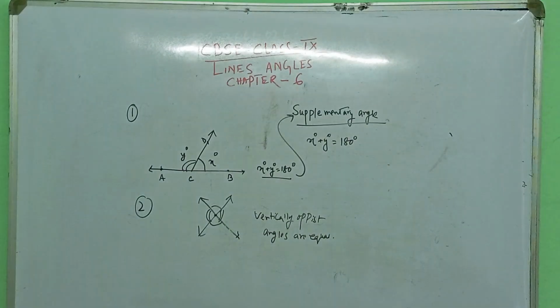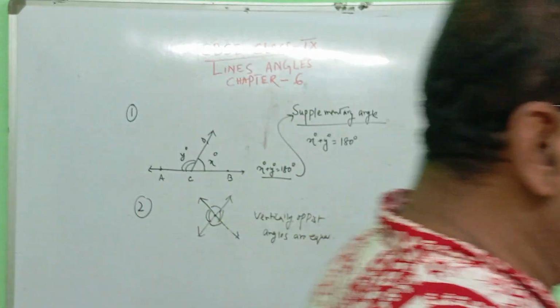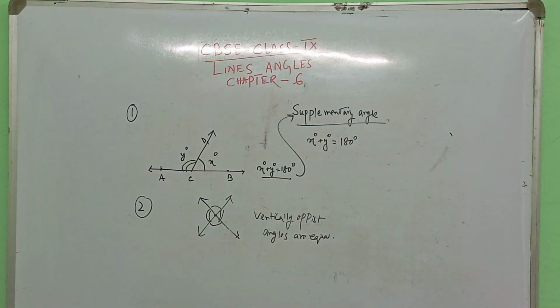Clear? Now first you have to learn these basic things. Then we have to go to the axioms and the chapter exercise. Clear? Okay. Thank you for being an audience.